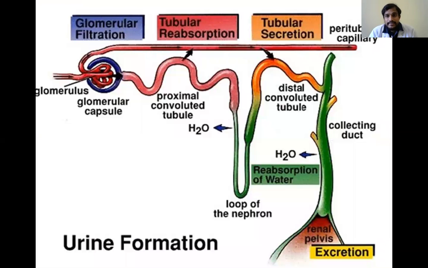And urine formation. We know the formation of urine involves filtration, which occurs in the glomerulus, reabsorption, which occurs in the proximal convoluted tubule, and secretion, which occurs in the distal convoluted tubule. From here it is secreted to the collecting duct, and from there the urine is excreted through the renal pelvis and ureters. So this is the normal process that is occurring.